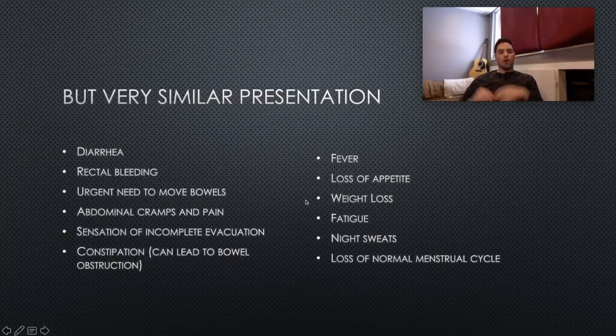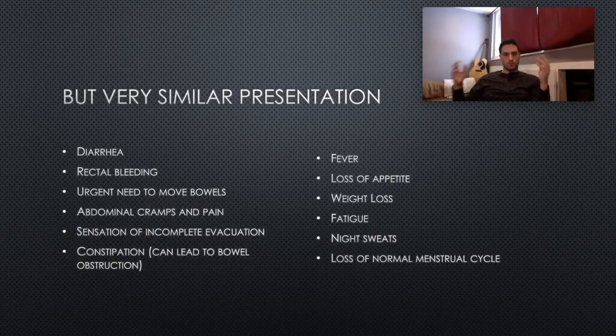So why are these diseases so closely related? The reason is really because the symptoms are almost spot on the same. For both of them, you're going to get diarrhea, rectal bleeding, urgency with your bowel movements, and abdominal pain. And any of you who are watching who have this, you certainly know exactly what I'm talking about.